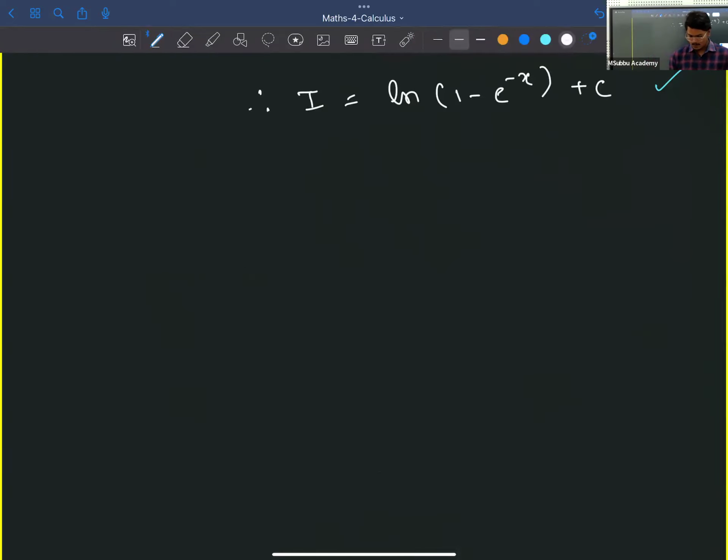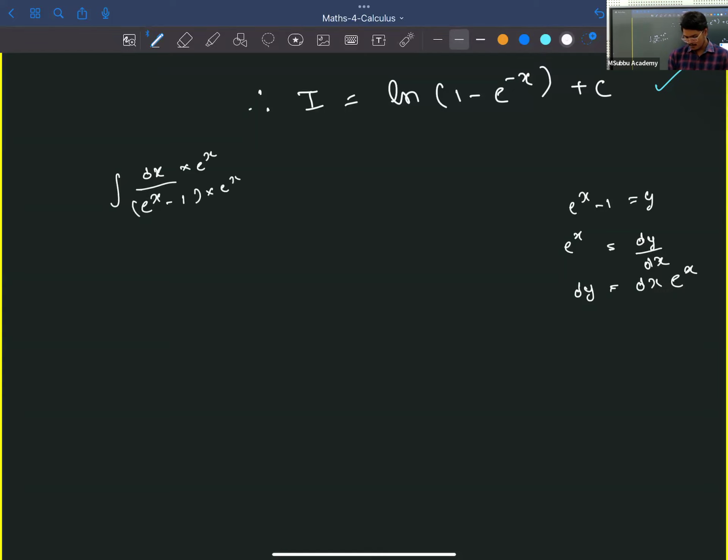So what I have done is, this is the question, dx by e power x minus 1. So for this, e power x minus 1 is equal to y. So on differentiation, dy is equal to dx into e power x, okay. So now multiply with e power x in both denominator and numerator.